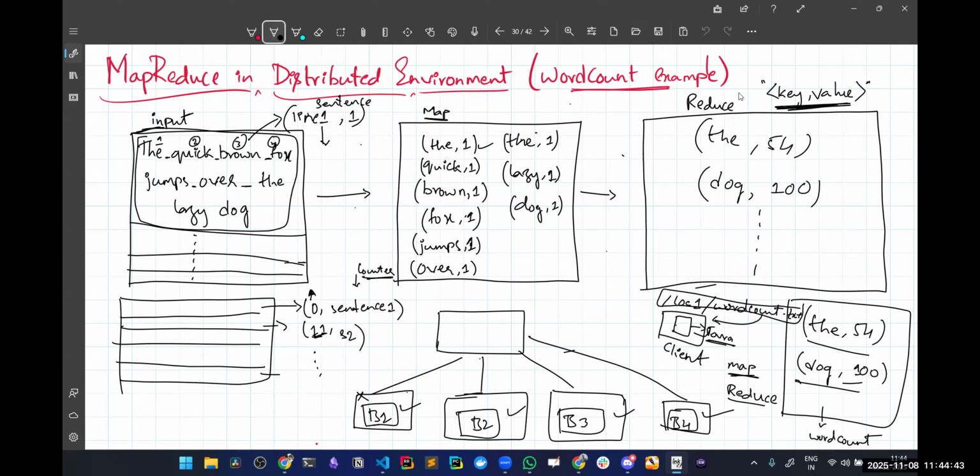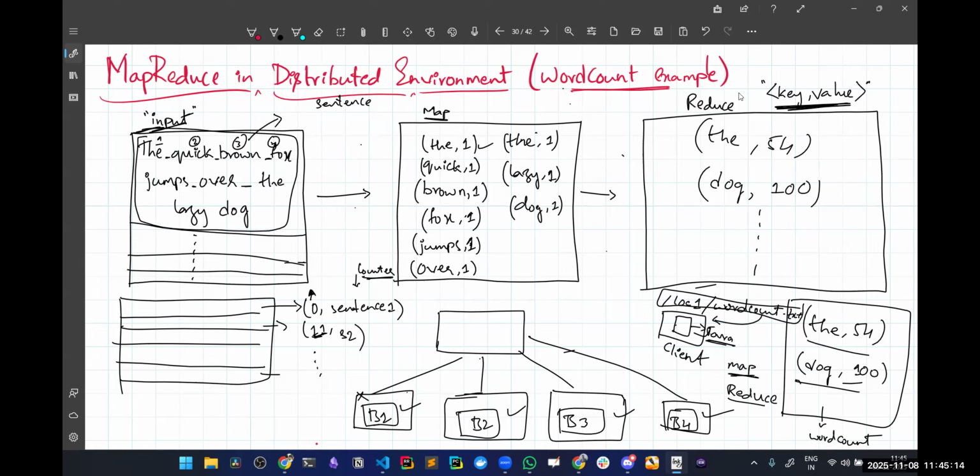Let me explain this. The first thing that we see here is input. Input here is a text file for our word count example, where we are taking n lines of text and we want to calculate the count of each word present. The MapReduce framework will convert this input into key-value pairs.